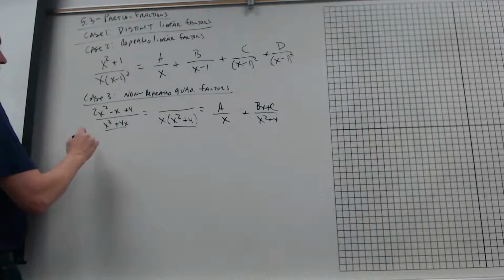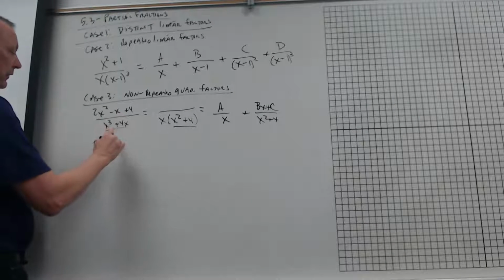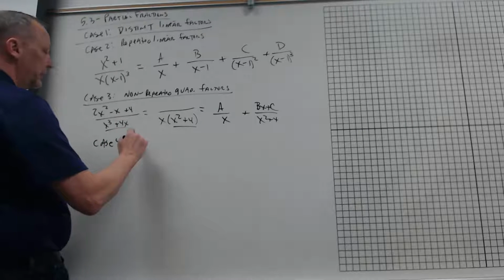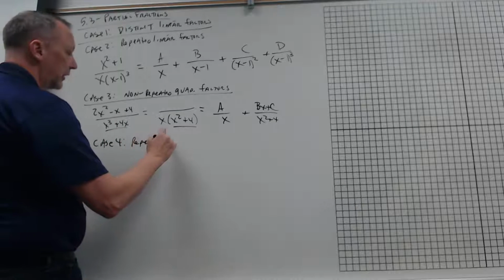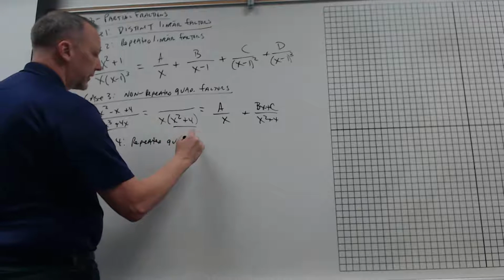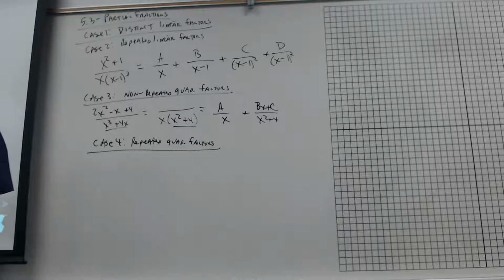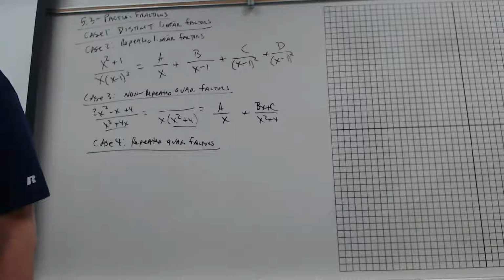And finally, let's do case number 4. Okay, case number 4, what do you think it's going to be? Repeated quadratic factors. Okay? So an example of this one would be, oh, this is a really good one.